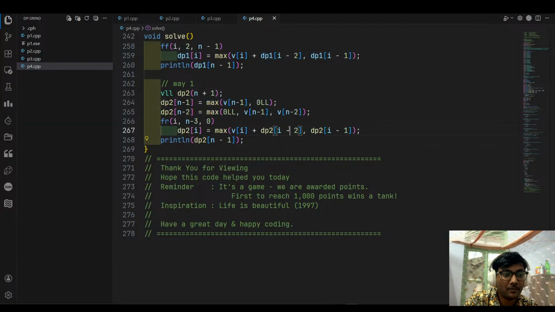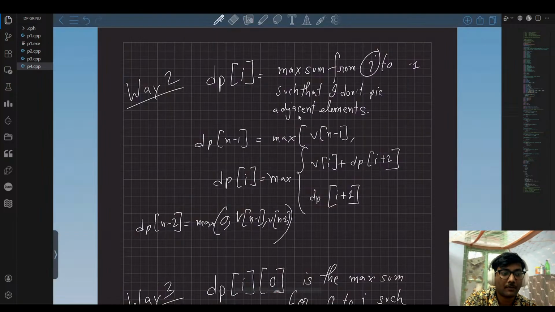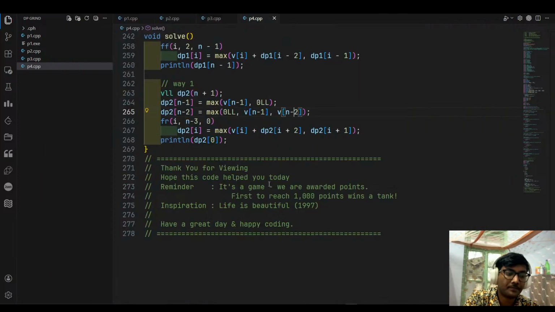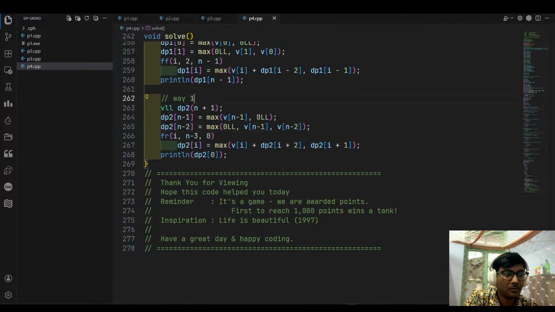And in the end, we can just print dp2 of 0. I think this should work. So this was way number 2.